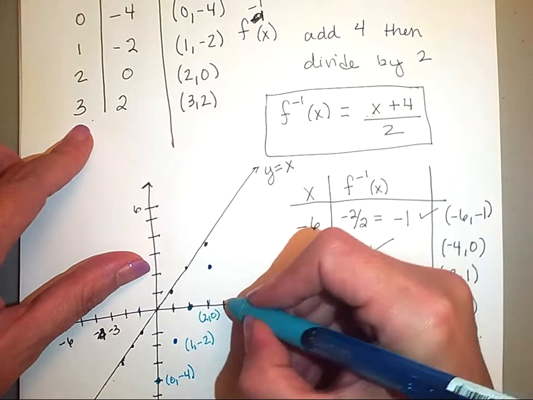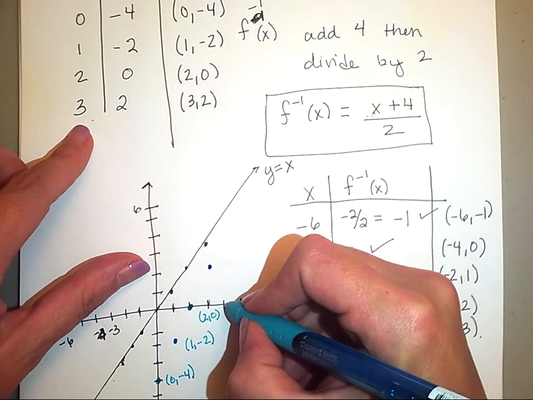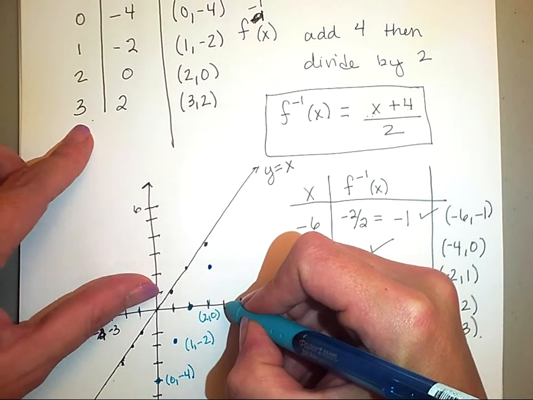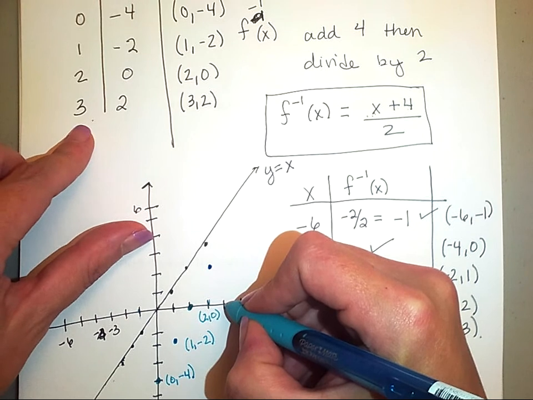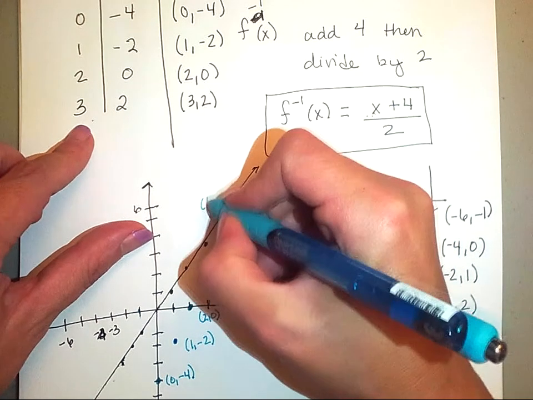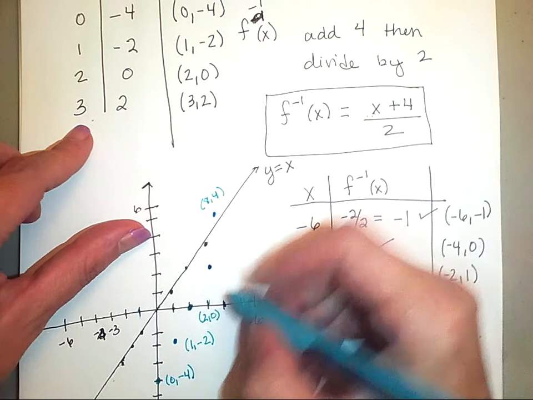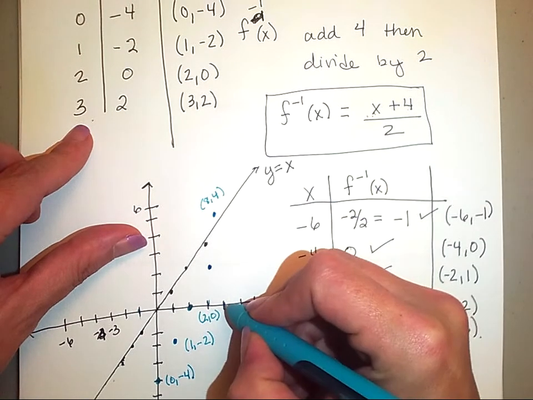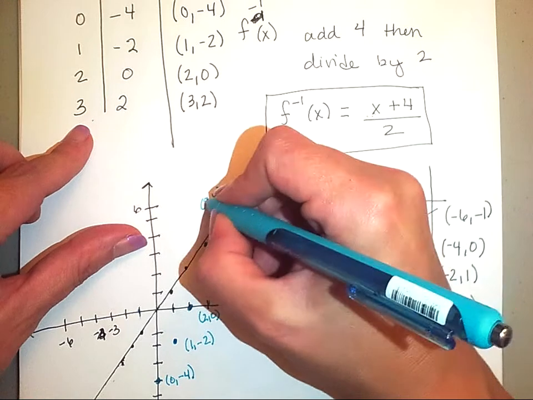Let's put another one in. 4, 8 minus 4. 8 minus 4 is 4. 1, 2, 3, 4. Not 8, comma 4. Good grief. 4, comma 4.